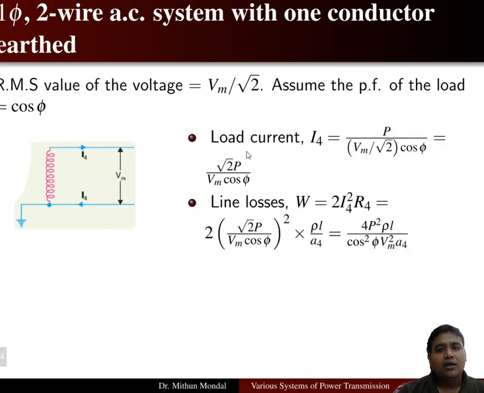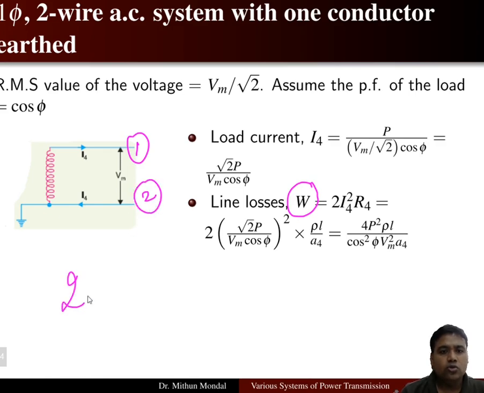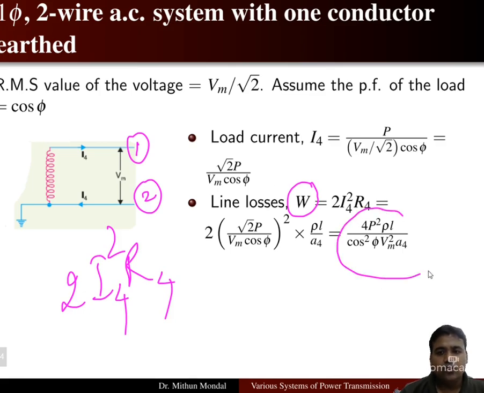Then as we have determined the line losses before, here we have two conductors, 1 and 2. So the loss is 2 times I square into R. This is our fourth case, I4 square R4, which we will calculate. From this value we will try to find the area of the cross section A4.